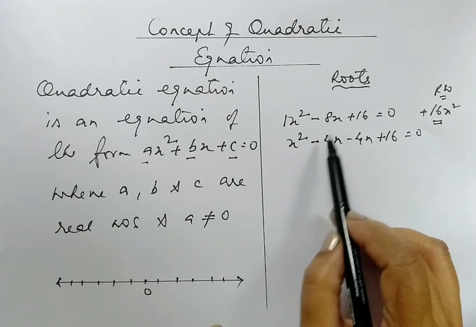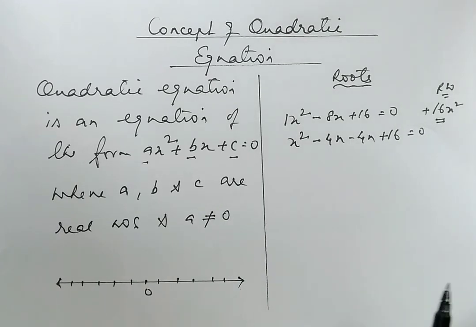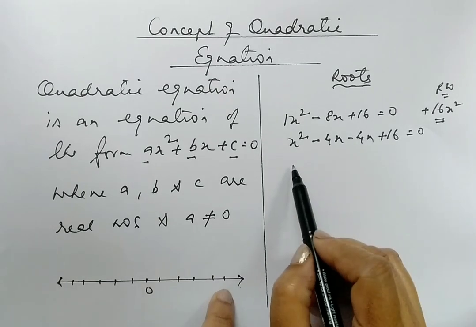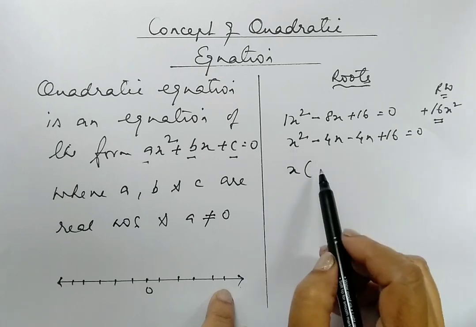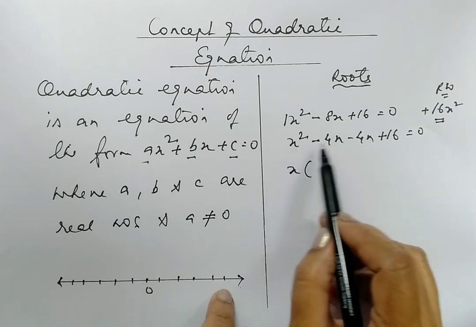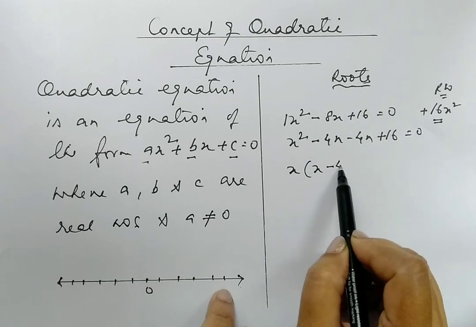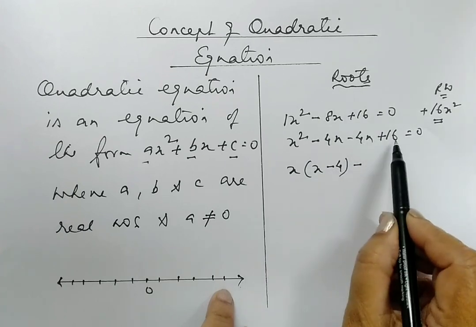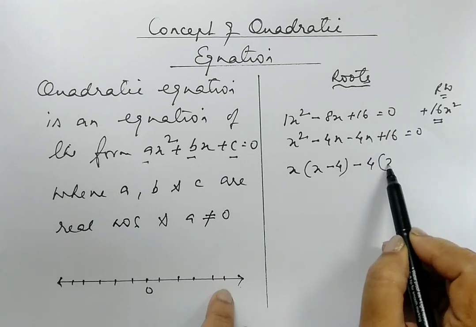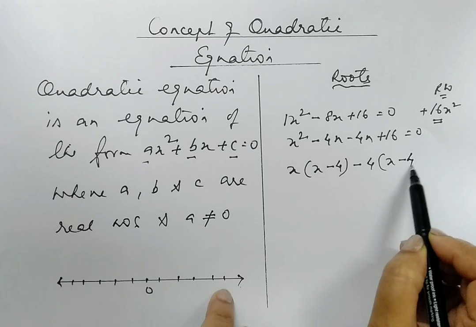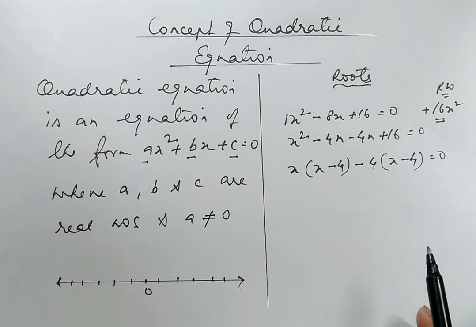When we split this, we still get minus 8x. Next, x is to be pulled out from these two because it is a common term, and 1x remains. We get 4 here, and here we pull out 4 as a common factor, and x minus 4 equals 0.